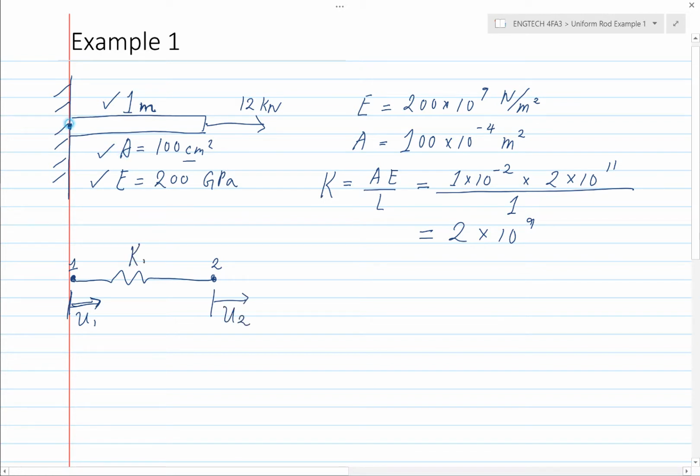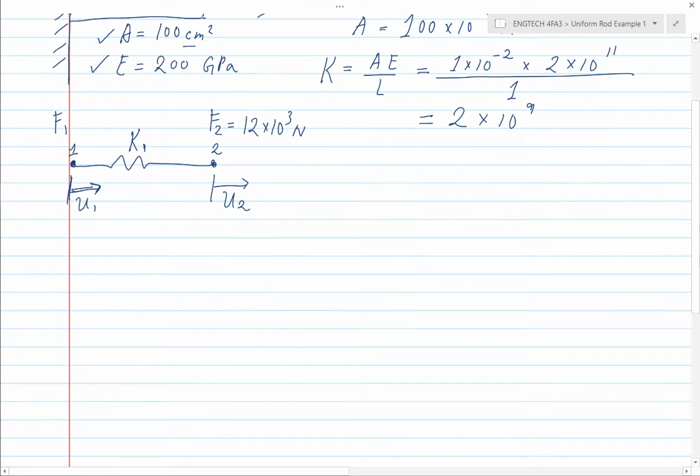And it's called K1. Somehow F1 and F2 as well, times 10 to the 3 Newton. Let's rewrite the formula in matrix form.